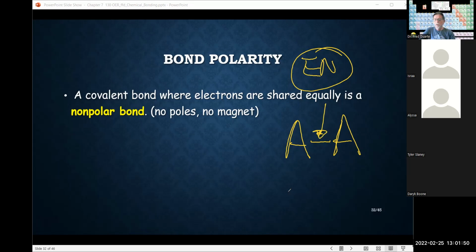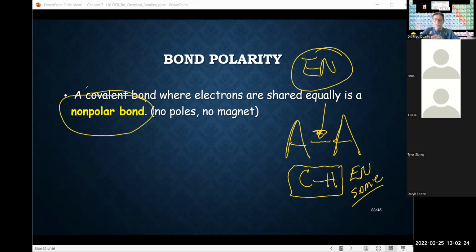Now, with respect to actual bonds, the carbon-hydrogen bond is considered, and this is important, remember this, because based on the electronegativity of carbon and hydrogen, EN for both is basically the same. There's a slight difference, but negligible. So we treat the carbon-hydrogen bond as an equal sharing, and when there is no unequal sharing, it is called a nonpolar bond.